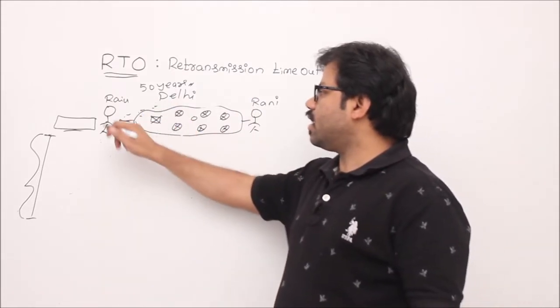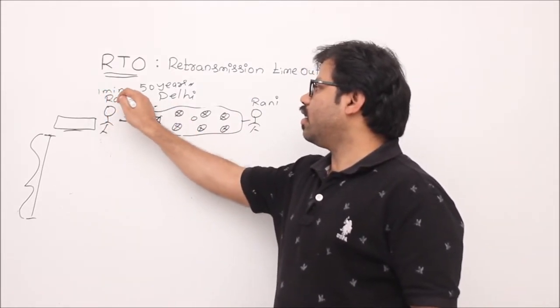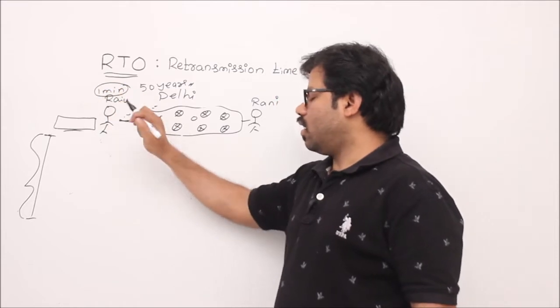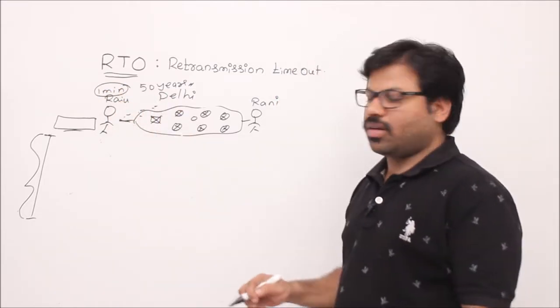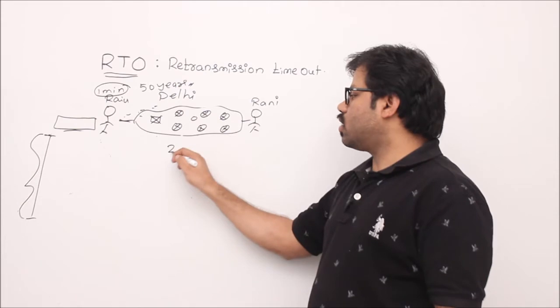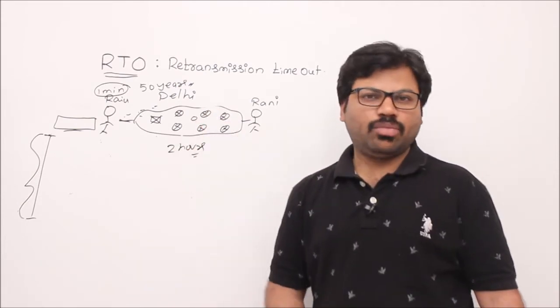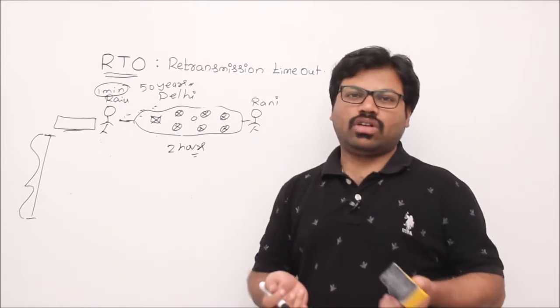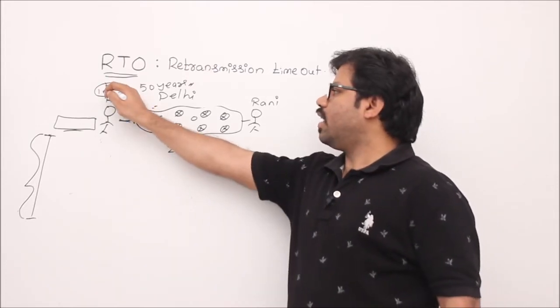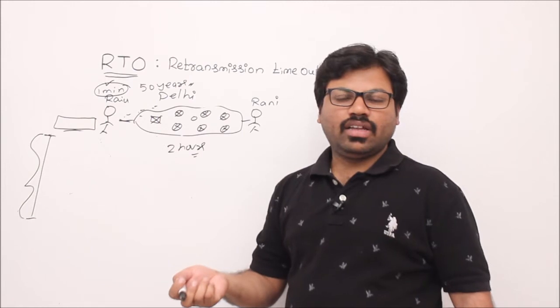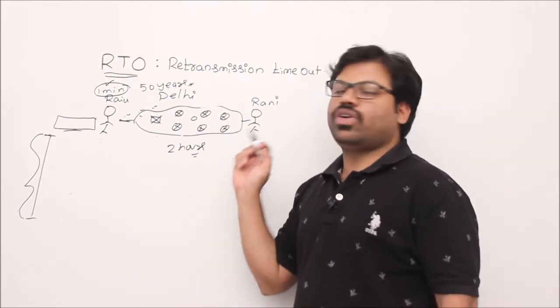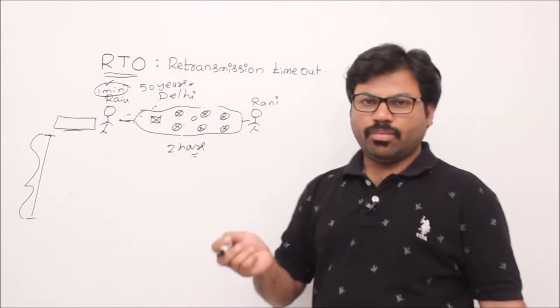At that time the data says that only 1 minute will be taken. Then you wait for Rakesh for only 1 minute, but he will not come, he will definitely take 2 hours, because that is the actual current delay, which is highly variable, right? At this moment it is actually 2 hours. If you think it is only 1 minute, then definitely there is a problem. Why unnecessarily wait for 2 hours? You would have gone to a movie by that time.